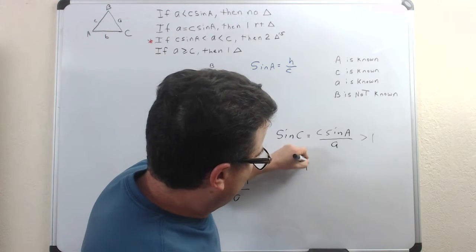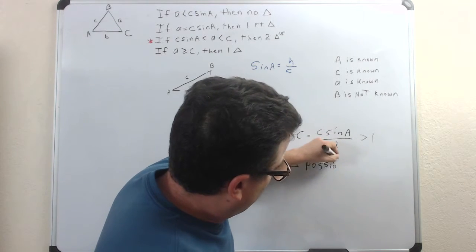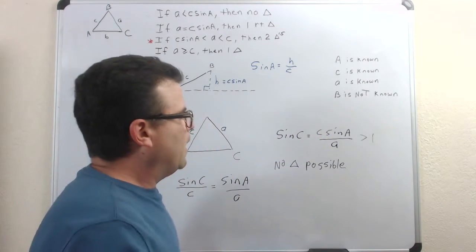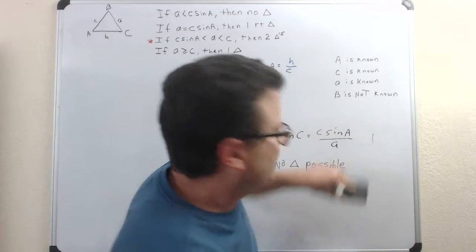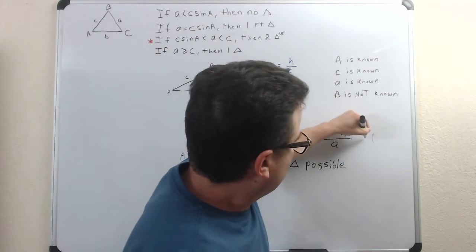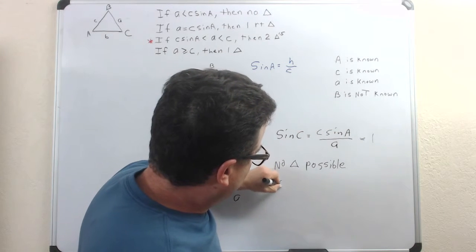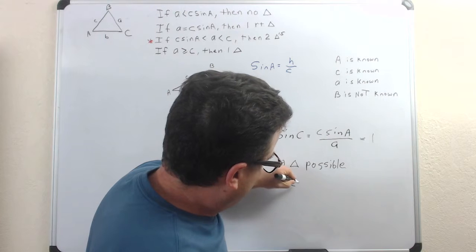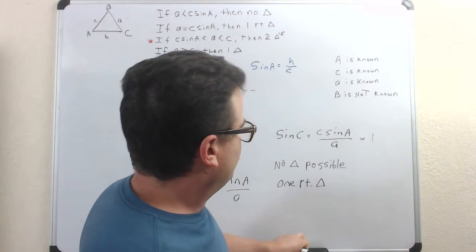No triangle possible. If this is equal to 1, then one right triangle.